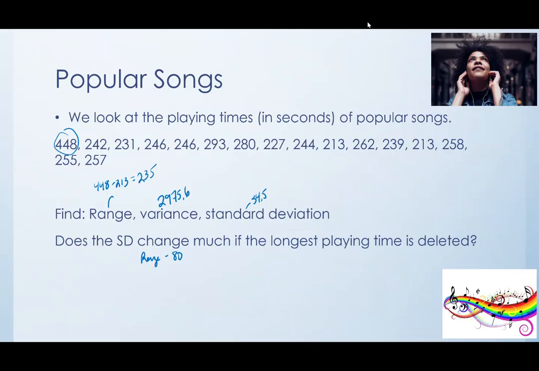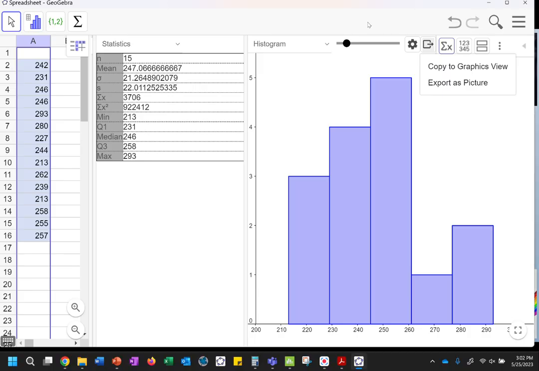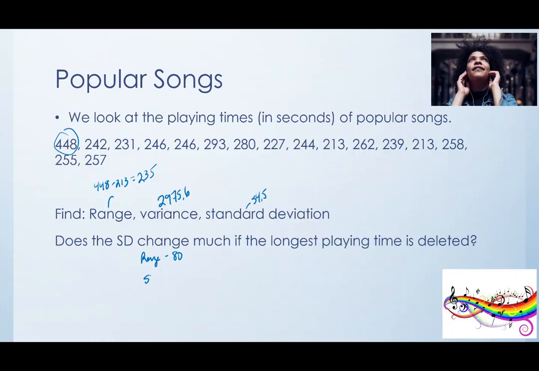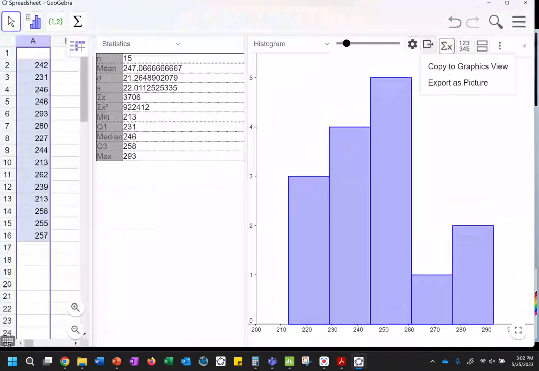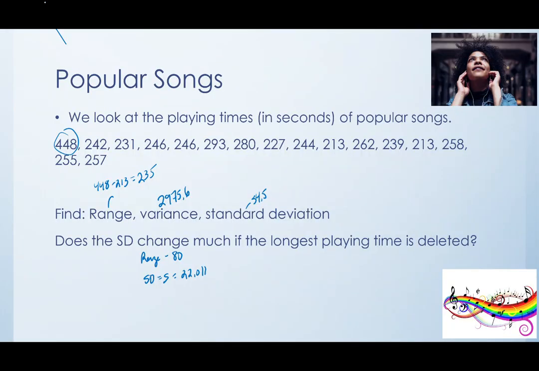And our standard deviation S is 22.011. Let's double check. 22.011. And if we want the variance, we need to square that.